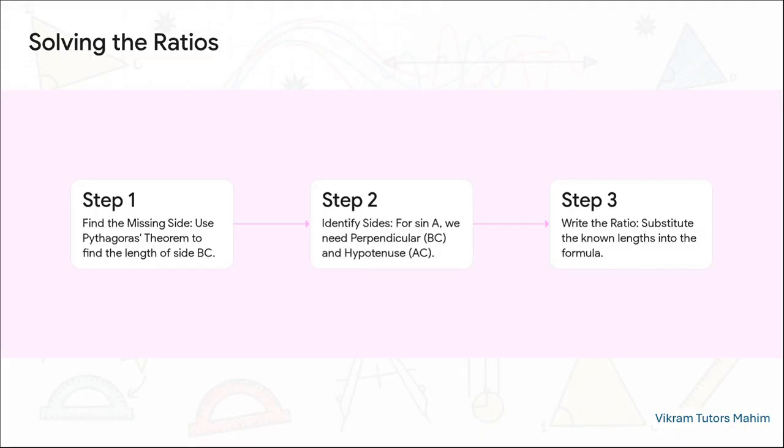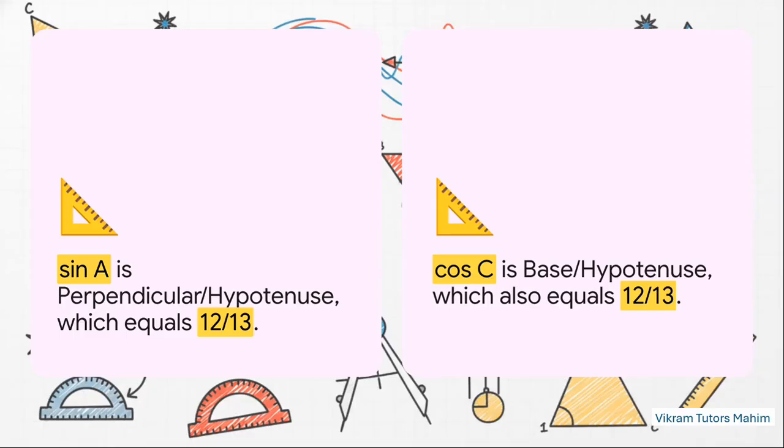And the process is actually really straightforward. First things first, we need all three side lengths. We can find that missing one using the good old Pythagorean theorem. Once we have all three sides, we just have to figure out which side is the perpendicular and which is the base for the angle we're looking at, and then finally, we just plug those numbers right into our ratio formulas.